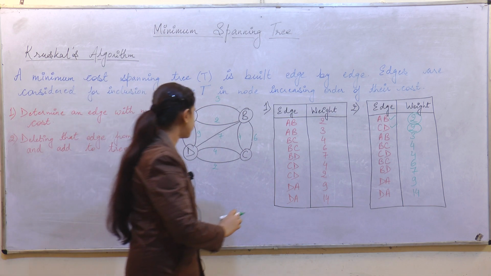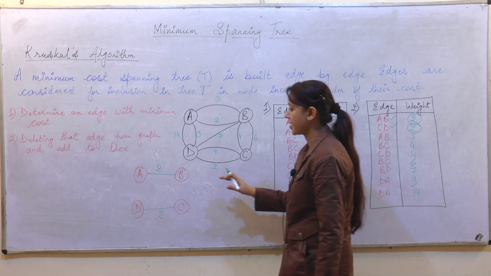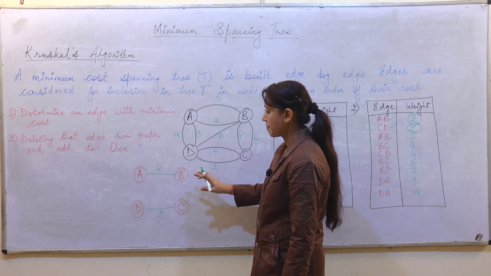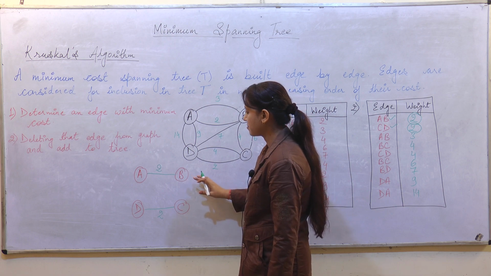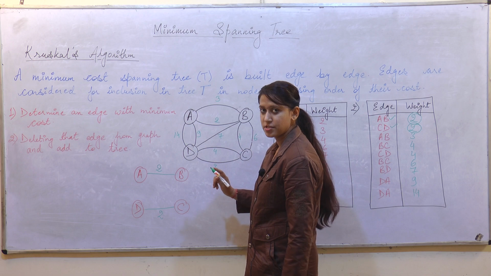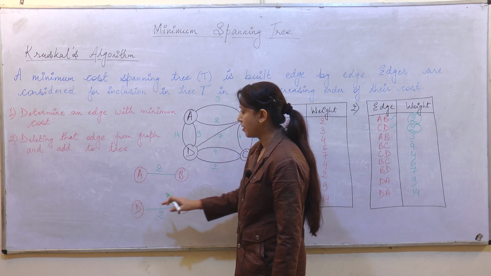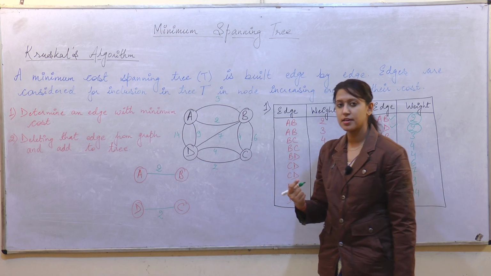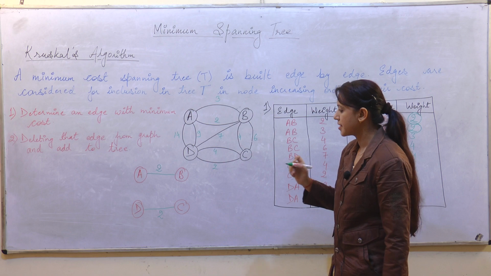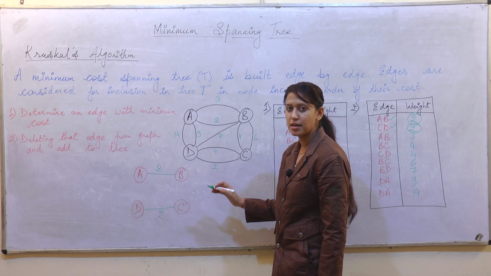Now we need one edge to connect these 4 nodes to make it a minimum spanning tree. We need only one edge, and that edge can be either from B to C or A to D. Since we are constructing a minimum spanning tree, we will take the edge with the minimum cost available.